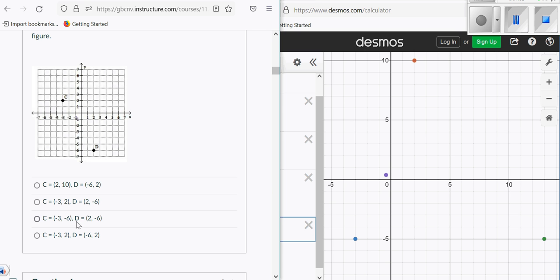That's not right. Remember, the first one always stands for the number on the horizontal x-axis. So 2, here you want to locate this one. And then y is -6. So the second one will be our choice. Okay? I'll stop here and see you next time.